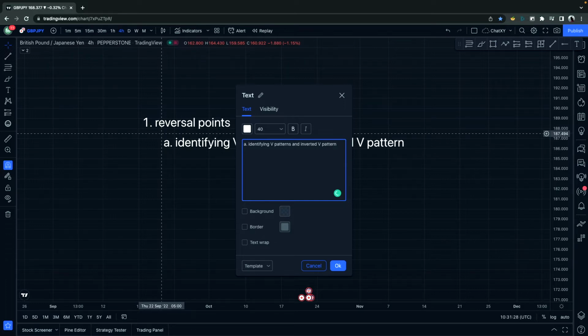And then the second point is identifying M and W patterns.